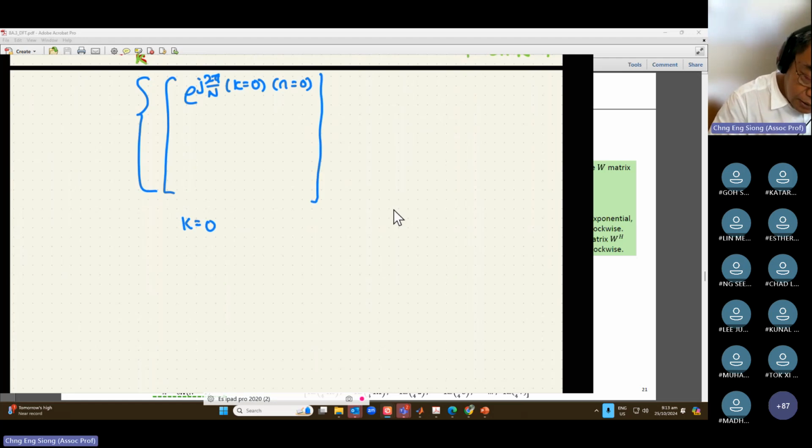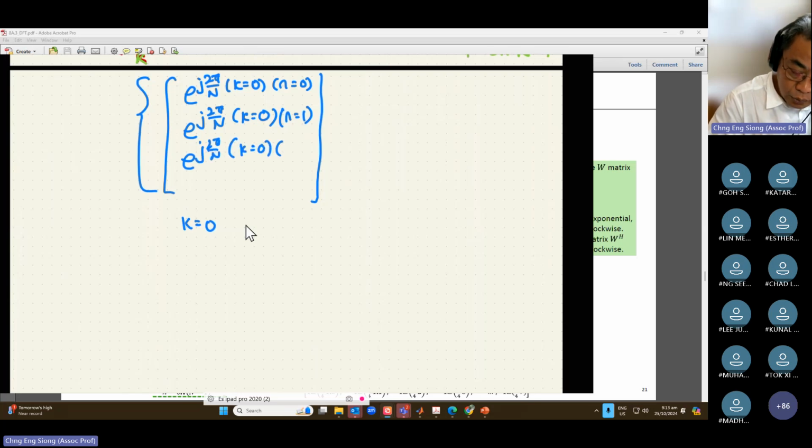What about the second element? e^(j2π/N)kn, k is still 0 because I'm still at the 0 column, and n equals 1. K is still 0, n equals 2. And my last element, k equals 0, n equals 3.